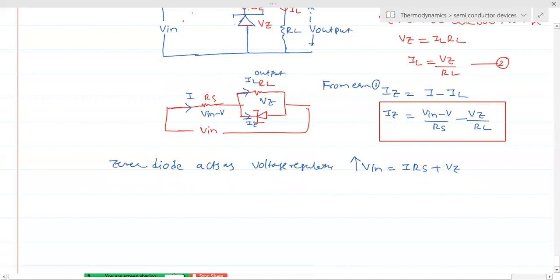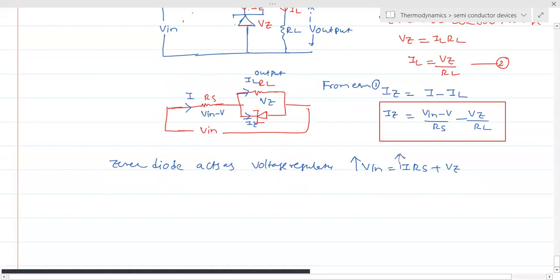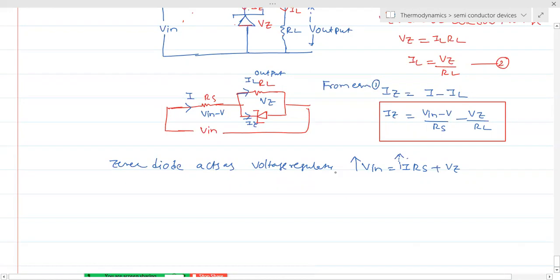According to its design, more current passes through the circuit when the input is high. When more current passes through the circuit, more voltage drop occurs at the series resistance, and finally Vz remains constant.